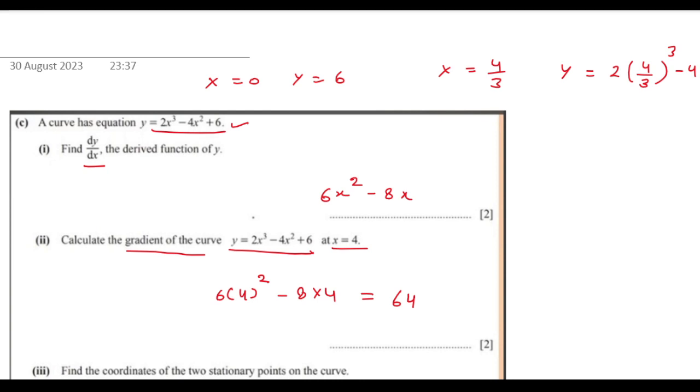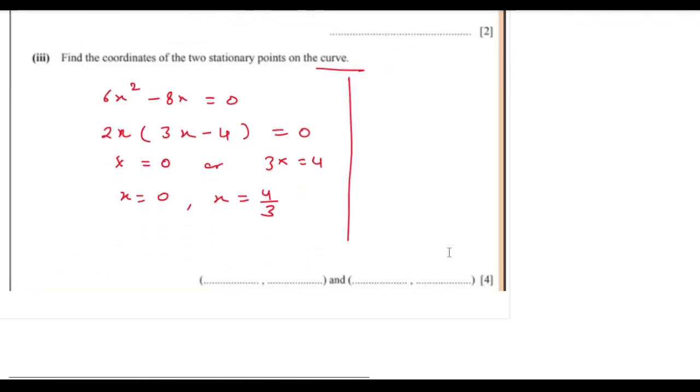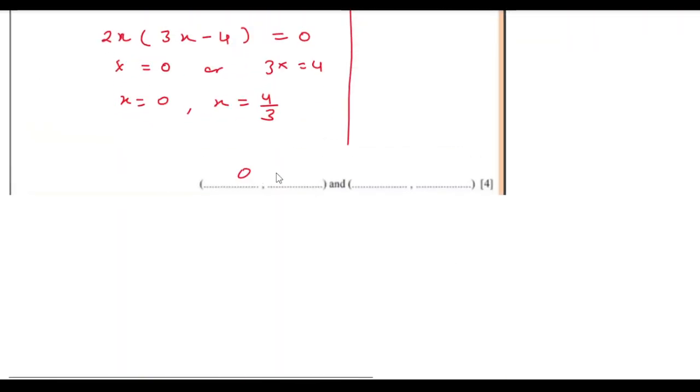The result is 34 divided by 27. So when x is 0, y value is 6. When x is 4 by 3, y value is 34 divided by 27.